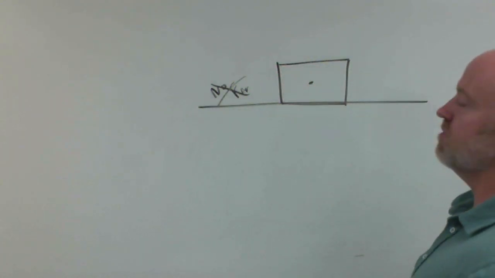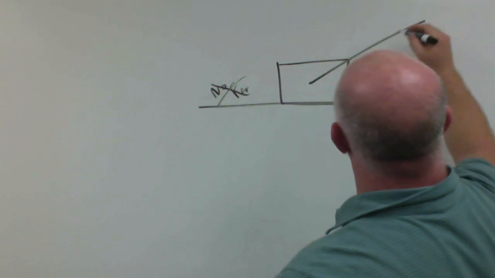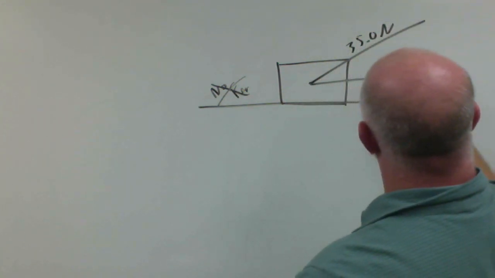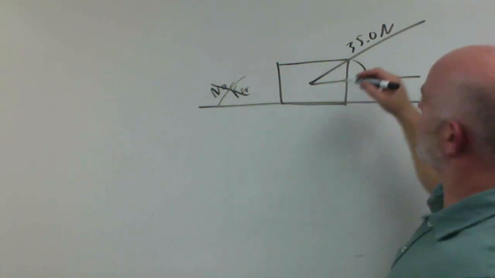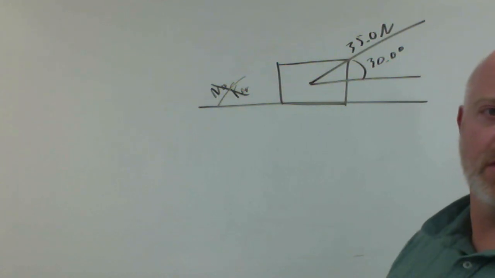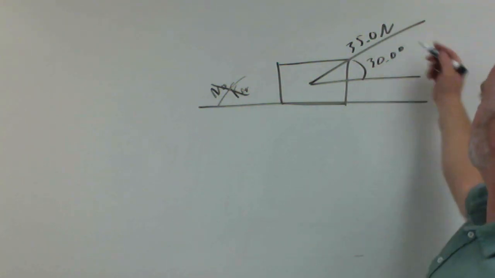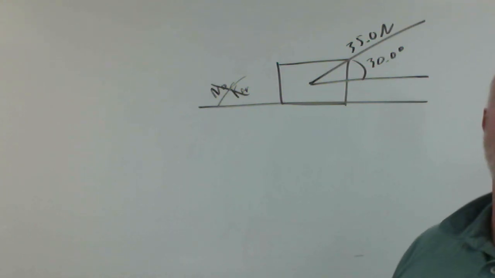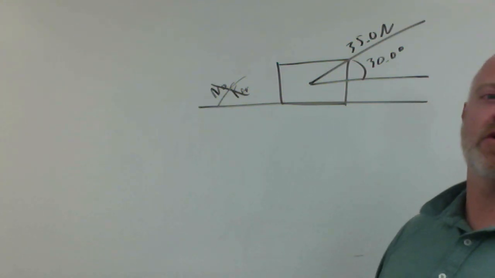Pull with 35 newtons, so let's pull it at 35 newtons at an angle of 30 degrees above the horizontal. So it's pulled up above the horizontal. What's the acceleration going to be? We've got to know what the acceleration is.